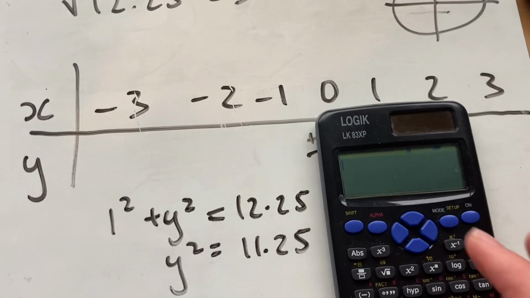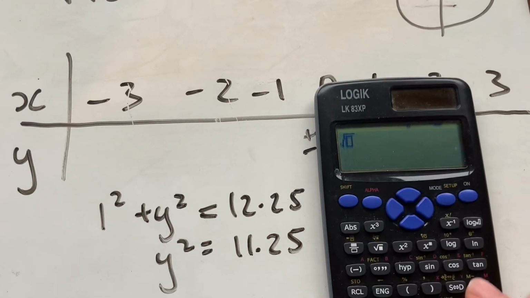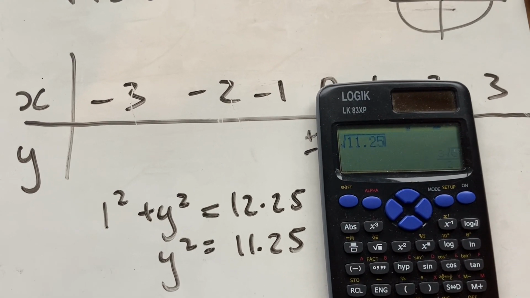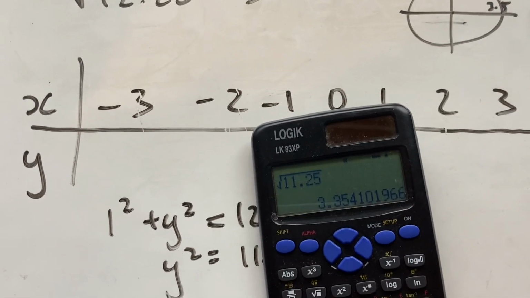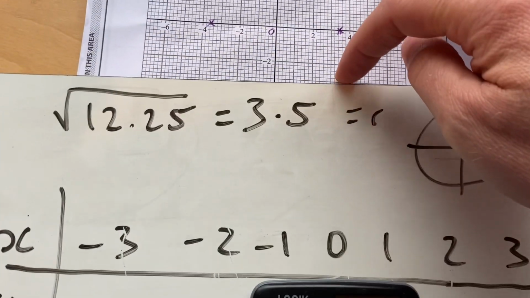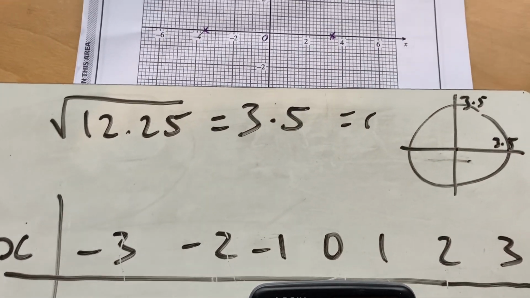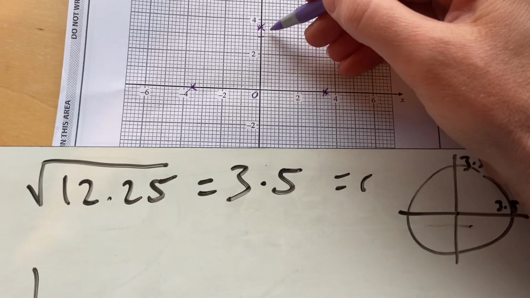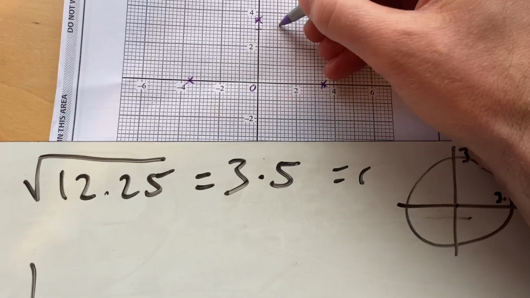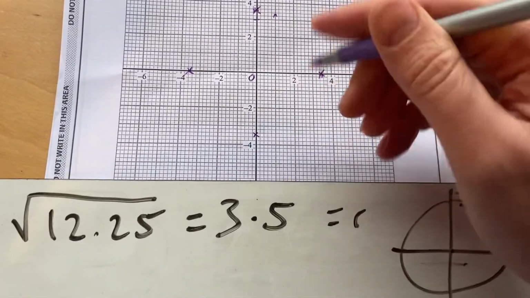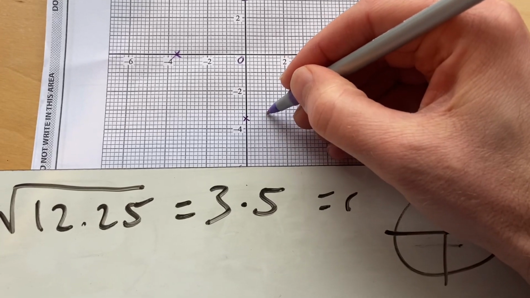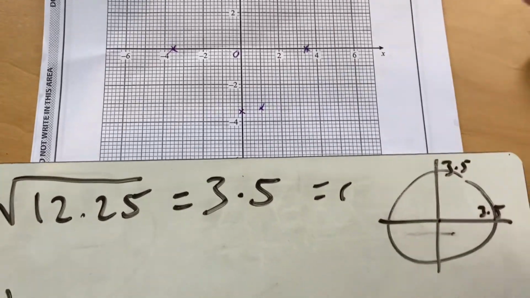So I'm going to take the square root of 11.25. We get 3.35. So when x is 1, y is going to be 3 somewhere around there, and negatively there's 3, so there's 2 somewhere around there.